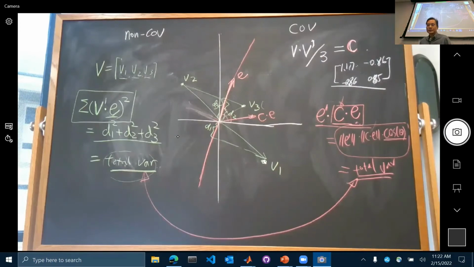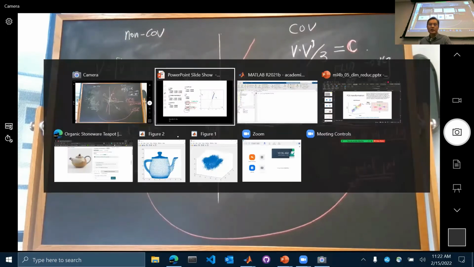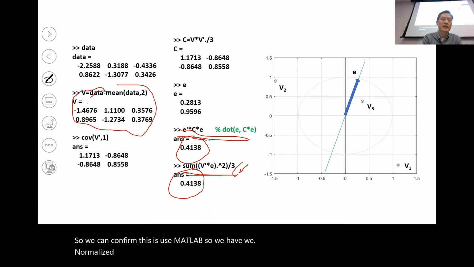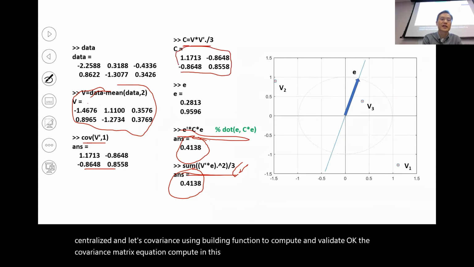Okay, so we can confirm this using MATLAB. We have normalized, centralized data, and we compute the covariance using the built-in function and then validate. The covariance matrix we computed in this way is exactly the same.